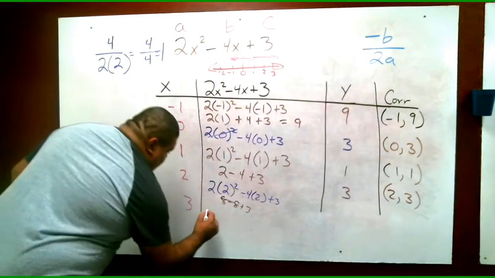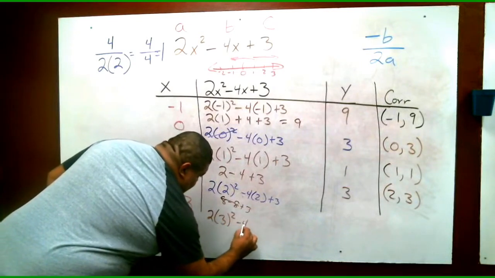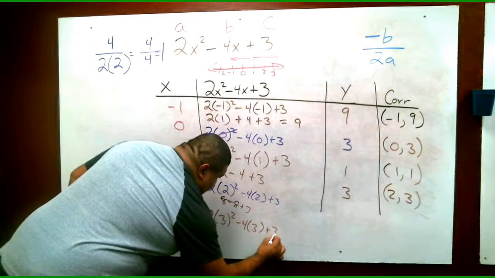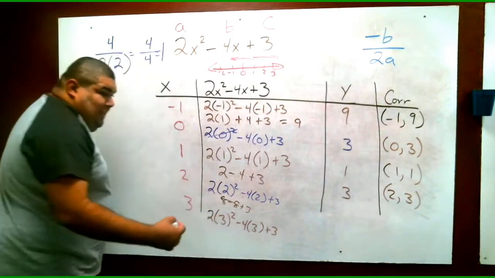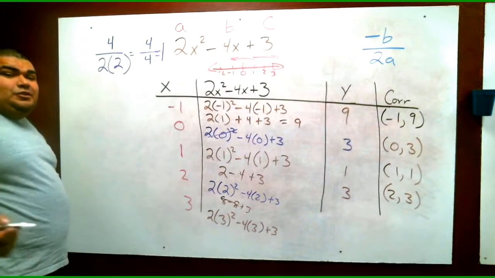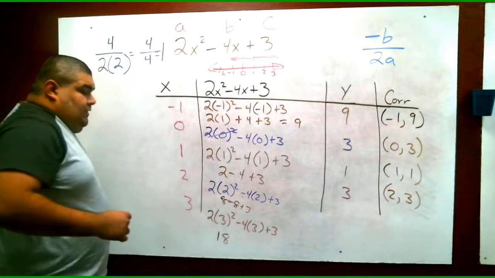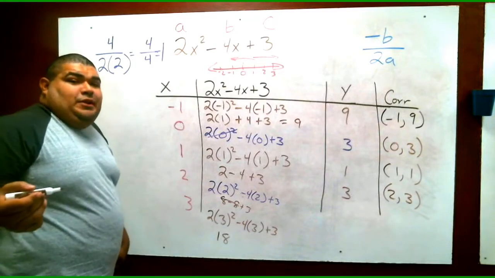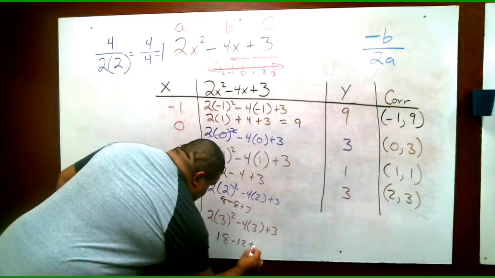So we have 3 squared minus 4 times 3 plus 3. 3 times 3 is 9. 9 times 2 is 18, right? Negative 4 times 3, negative 12. Plus 3.